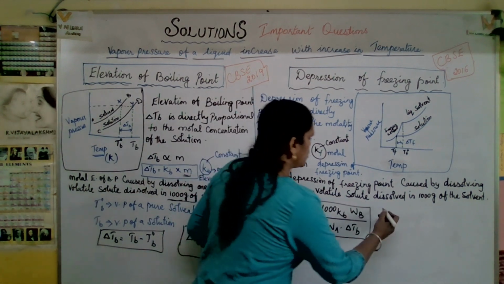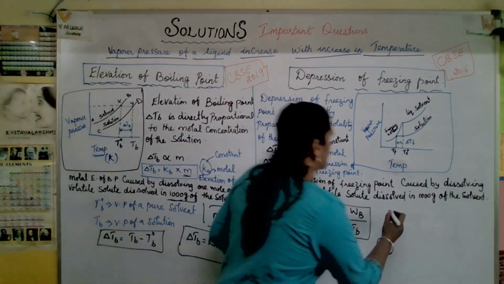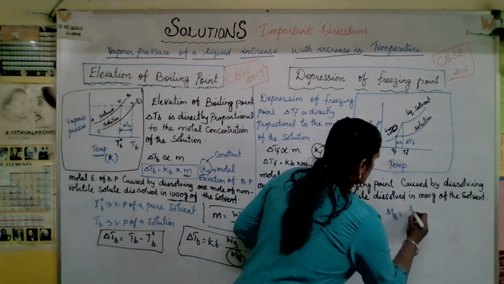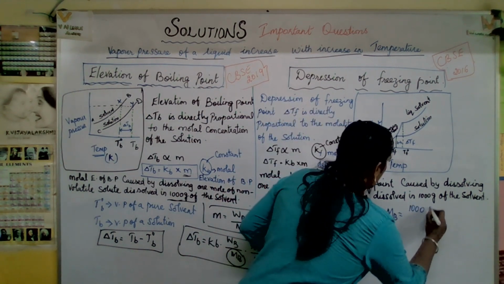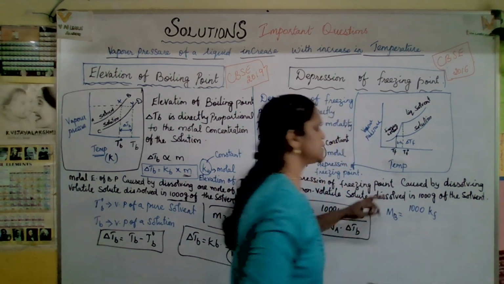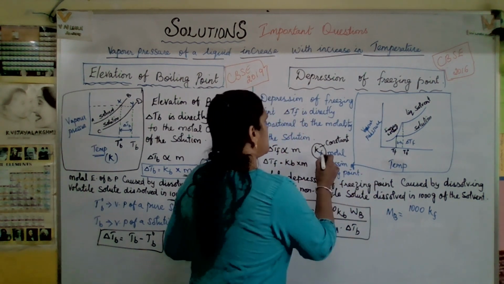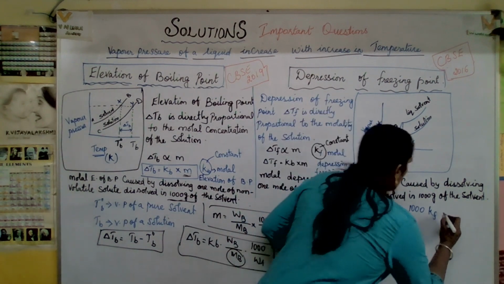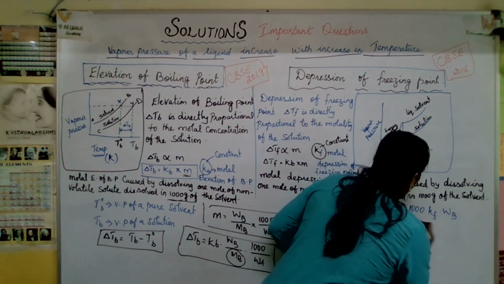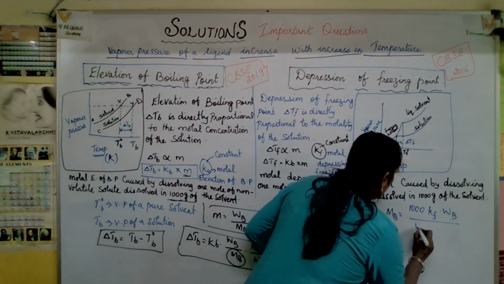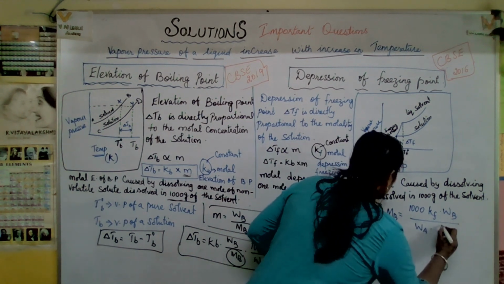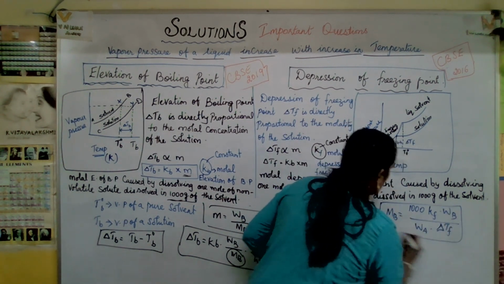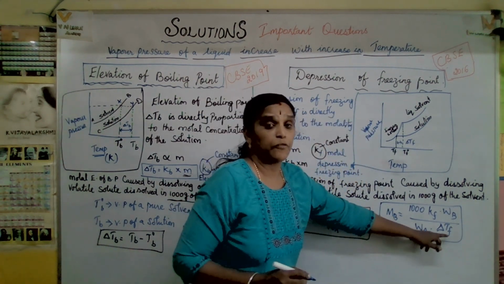So here, how can you bring this formula? MB equal to 1000 KF WB divided by WA into delta TF, where KF is the constant of molar depression of freezing point. I just mentioned here, TF is the freezing point.